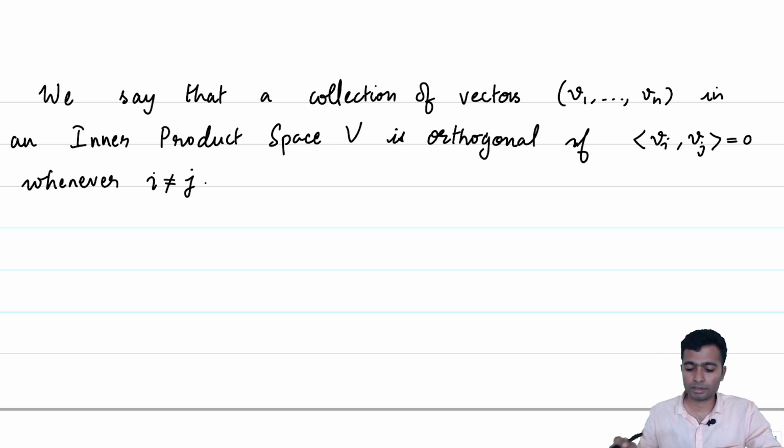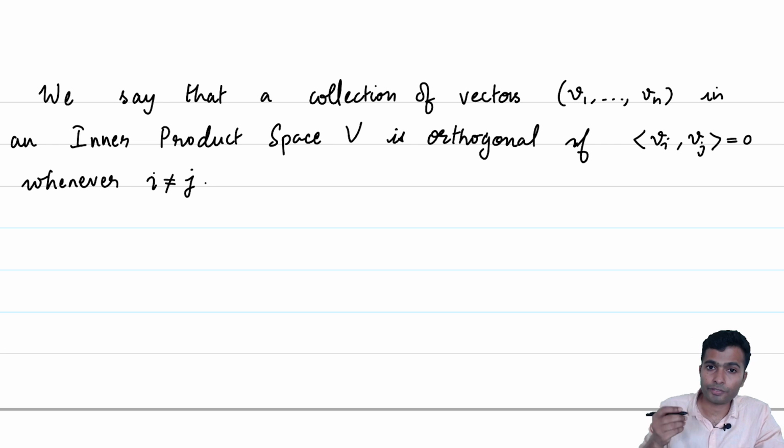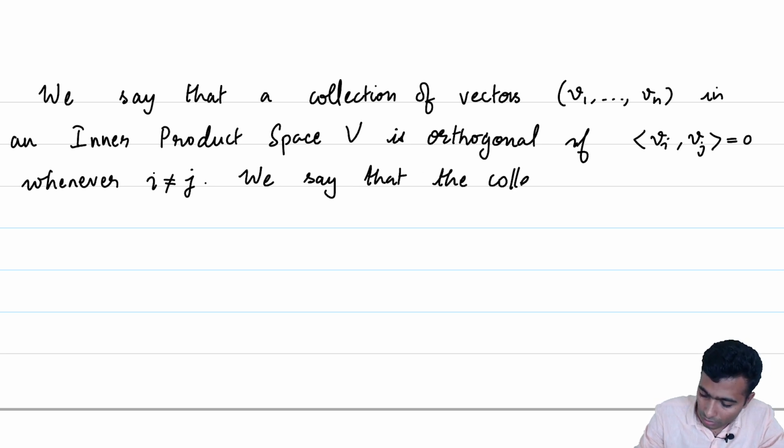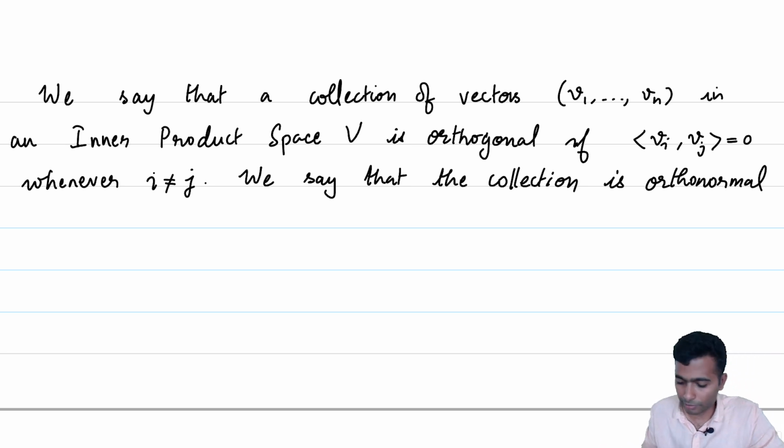And we say that a collection is orthonormal if it is not just orthogonal but also if the length of each of the vectors is 1, if it is of unit length. So we say that the collection is orthonormal. It's normalized, and that is where the normal is coming from.